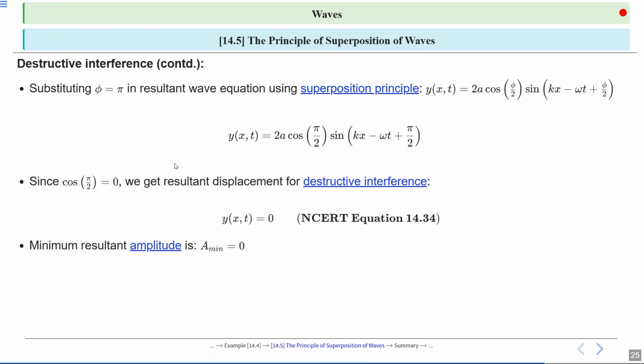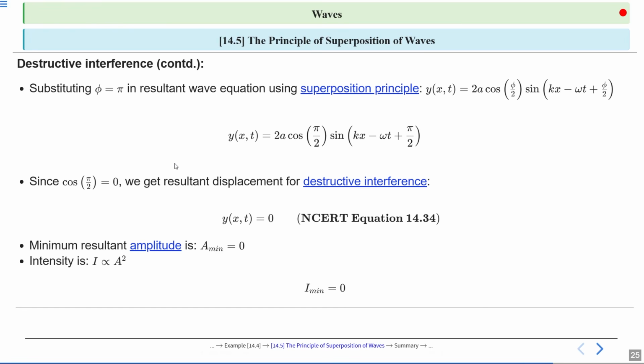Amplitude is maximum displacement from the mean position. So if the wave is always at 0, the amplitude must be 0 as well. Remember, intensity of a wave is proportional to the square of its amplitude, I is proportional to A squared. So if the amplitude is 0, the intensity must also be 0. This means no energy is being transferred at the points of perfect destructive interference.